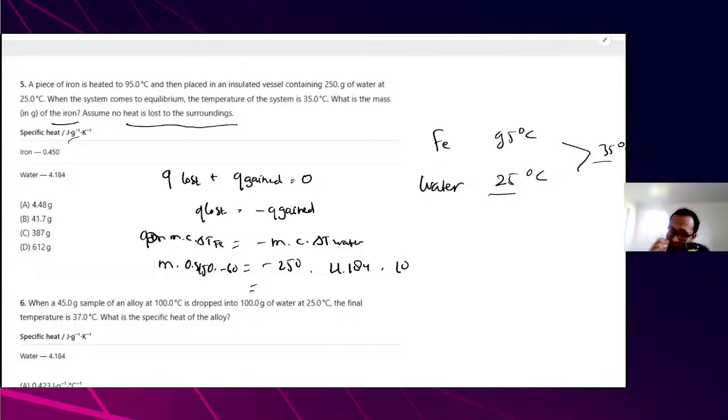Okay, from here we just do the calculation. M will be 250 times 10 times 4.184, which is 10,460, divided by 0.450 times minus 60, which is minus 27.